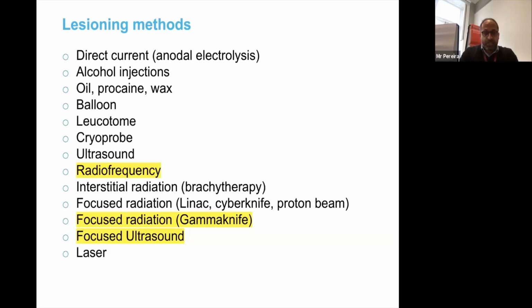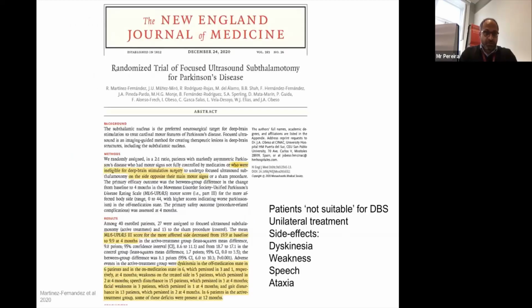And then most recently, the application of lasers to damage focal bits of brain, which is receiving some attention in epilepsy. So we're focusing on radiofrequency lesioning, but ultrasound has brought lesioning to the fore in movement disorders again.